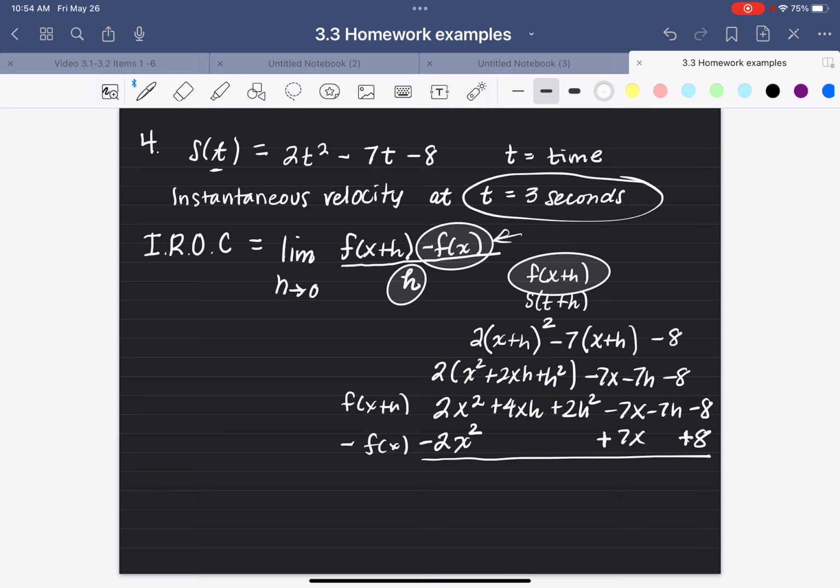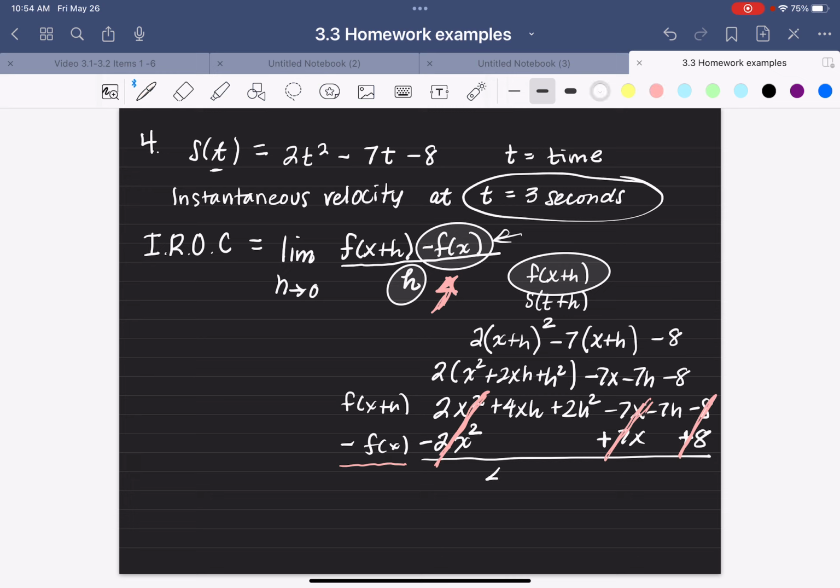And so what happens is, once I do this subtraction here, anything from the original function is going to be removed, because that's what this says. Right here it says take away everything from f of x, or s of t, the original function. So those are all gone.